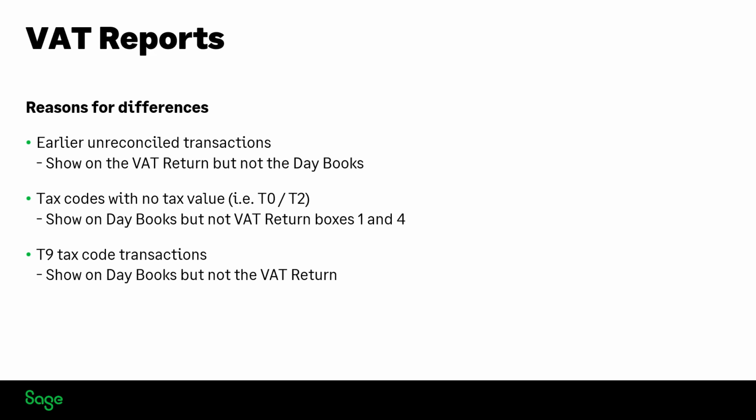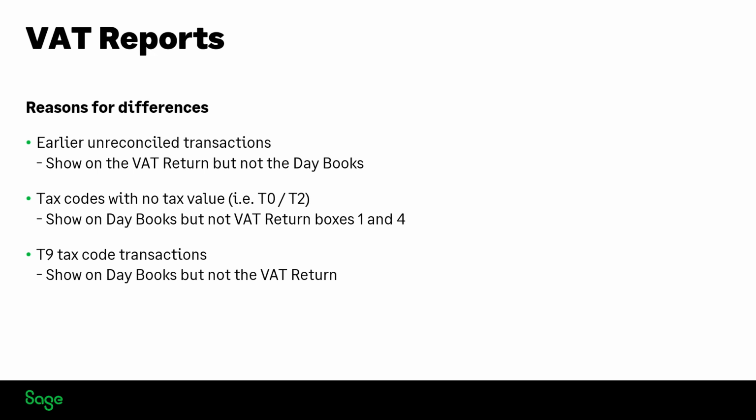So, reasons for difference. Earlier unreconciled transactions: there was a late entry shown on the VAT return but not the daybooks, because daybooks-wise, that transaction would have been an earlier unreconciled transaction, prior to the date range you're running that report for. Then tax codes with no tax value will show on the daybooks report.